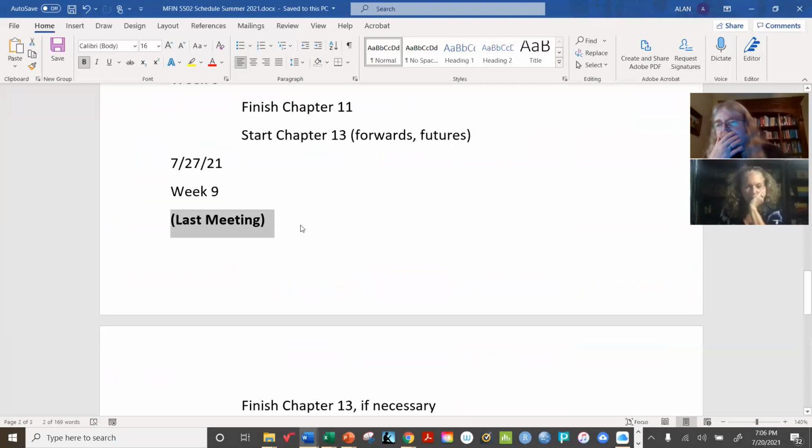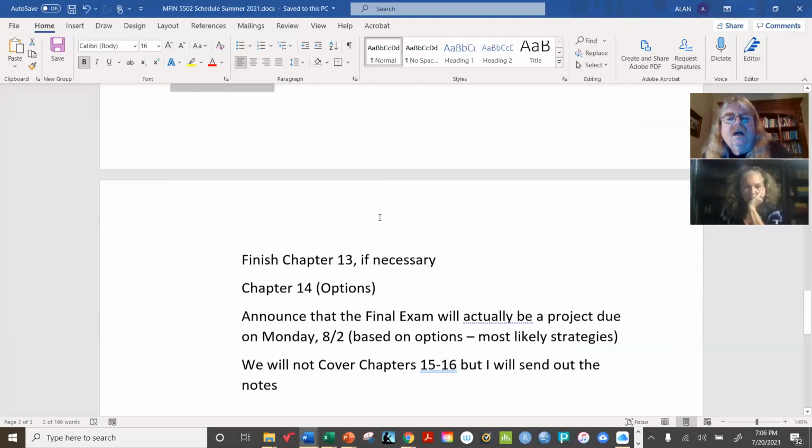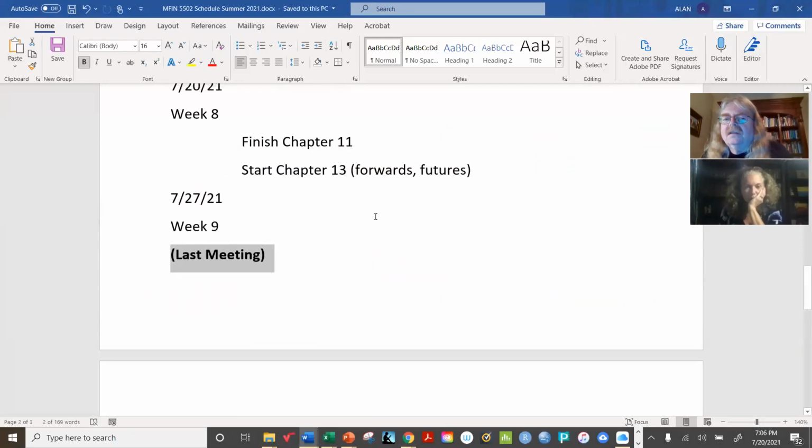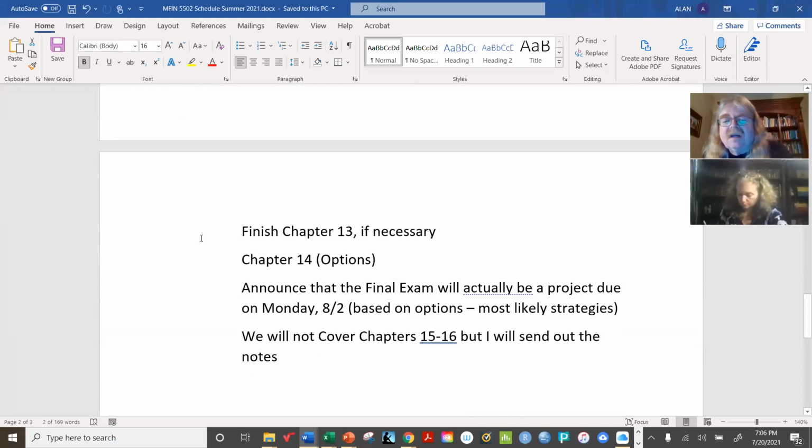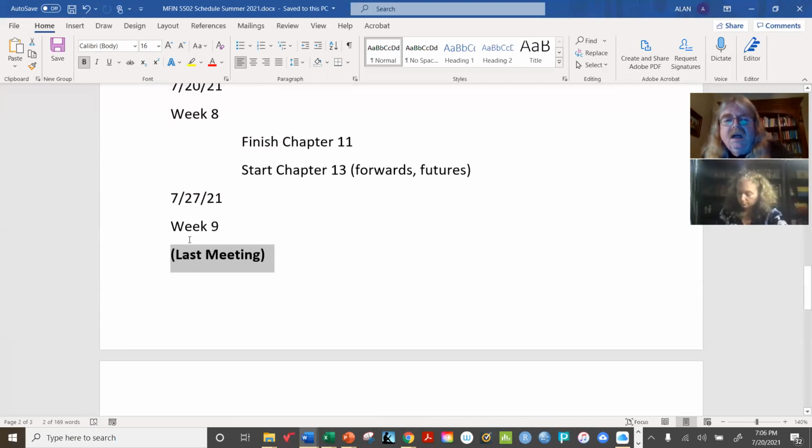So I think what we're going to have to do is, instead of having a final exam, we'll just have to have a spreadsheet project, which will be based on our discussion about forwards and futures, and which you can do in Excel. I'll make sure that it's not so long that you can't finish it. That would mean we'd have to have it ready by Monday, August the 2nd. Because I misjudged how much time we have left, I think that would be our best bet.